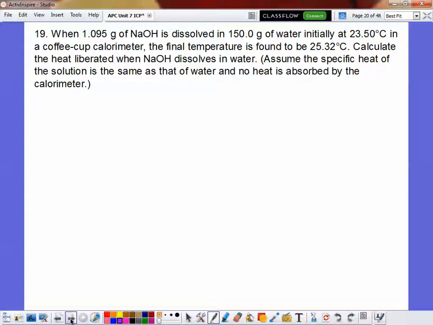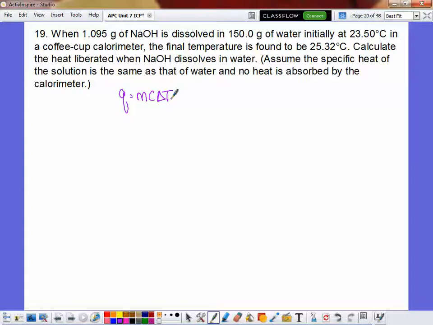When you do this, it's Q equals MCAT. In this problem, we're assuming that the specific heat of the solution is the same as that of water, 4.18, and no heat is absorbed by the calorimeter. In the lab, you're going to figure out if heat is absorbed by the calorimeter and do math to calculate and correct for that.